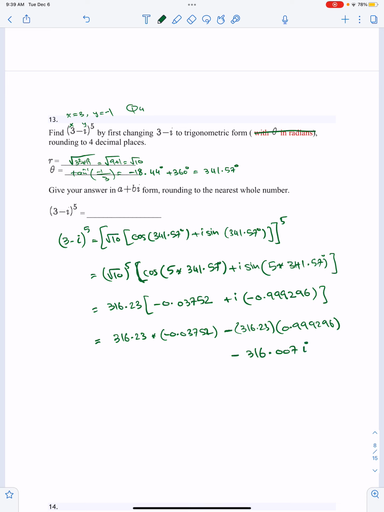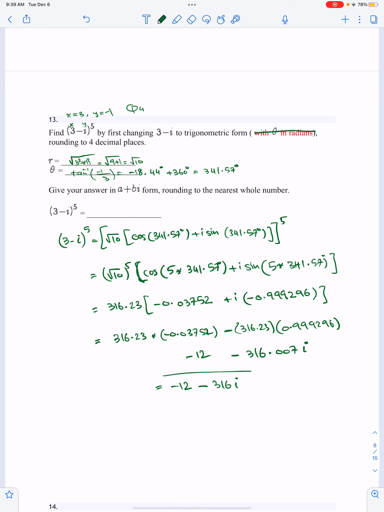And the real part, 316.23 times negative 0.03752, I get negative 11, negative 12 approximately, if I wanted to round to a whole number. So the answer is going to be negative 12 minus 316, approximately 316i.